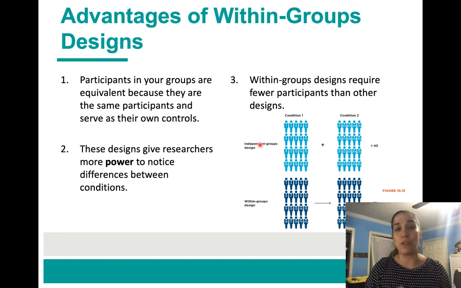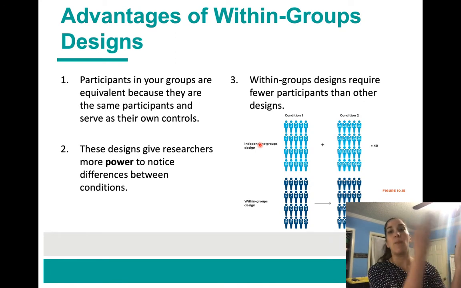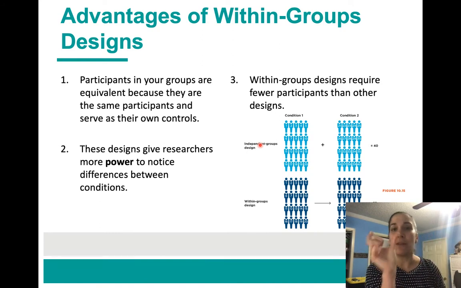And when we do the dependent samples t-test, you'll see what you're doing is subtracting the score from time 1 to time 2, or from level 1 to level 2, or from level 2 to level 1. You're getting a difference score, and that's what you're examining, because each participant serves as their own control group.